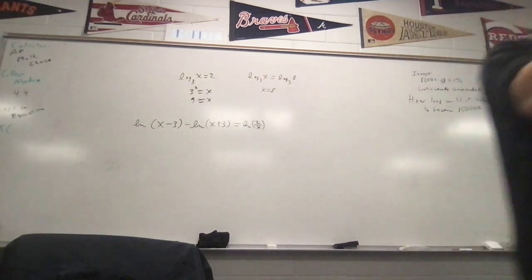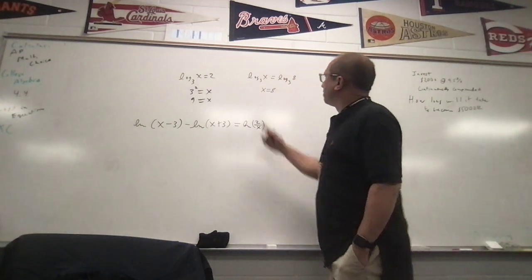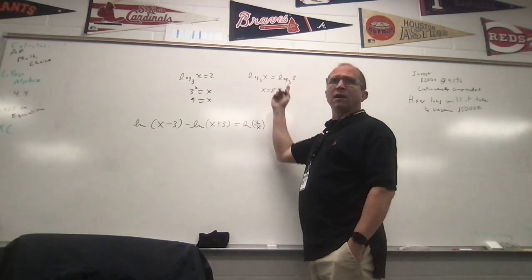Well, we get to here, and we can't just drop the natural logs. What's wrong? I know. That'd be nice, wouldn't it? Because we need a single logarithm equal to a single logarithm.